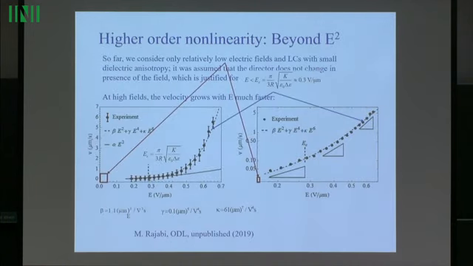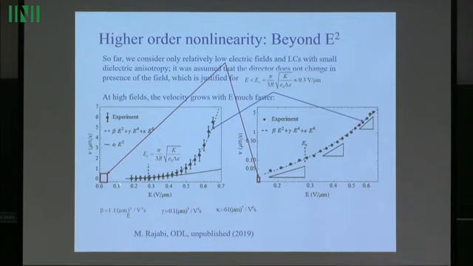So finally, this is the latest development. Prior experiments were dealing with relatively weak electric fields, and that meant that the director is not perturbed by coupling to the electric field. It stays there the way you define it through surface anchoring, or through the inclusions that are placed in the liquid crystal.